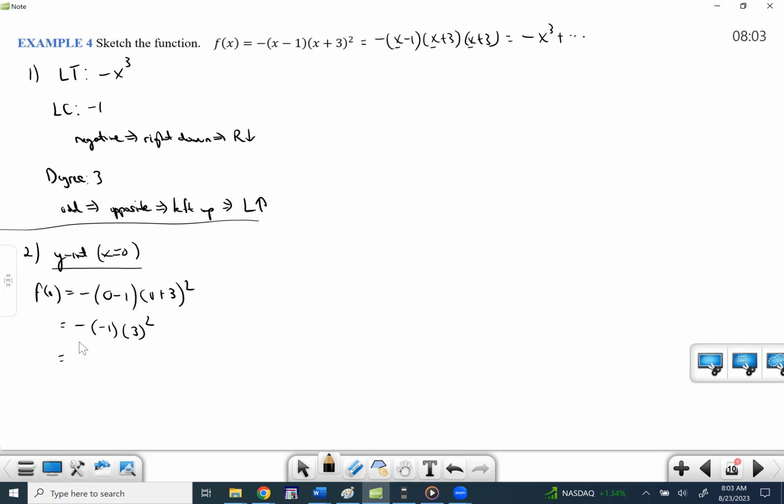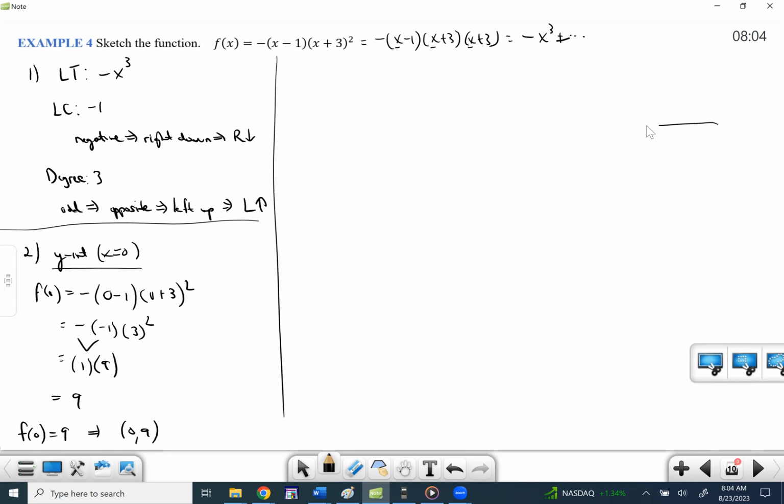Multiply those together, you get 1. A negative times a negative is a positive. 3 squared is 9. And so this gets us 9. So f of 0 is 9, which means 0, 9 is on the graph.